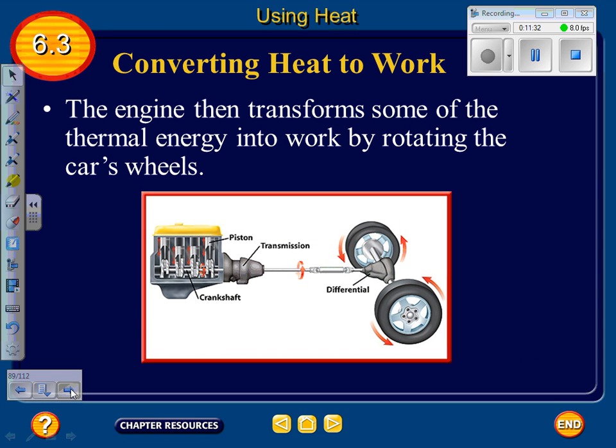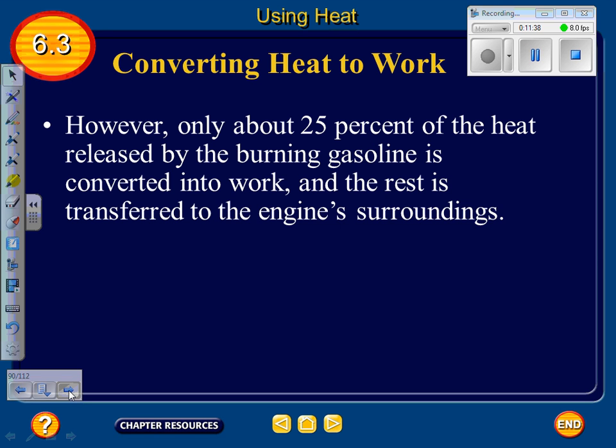The engine then transforms some of the thermal energy into work by rotating the car's wheels. However, only about 25% of the heat released by the burning gas is converted into work, and the rest is transferred to the engine's surroundings. So a gasoline engine isn't that efficient.